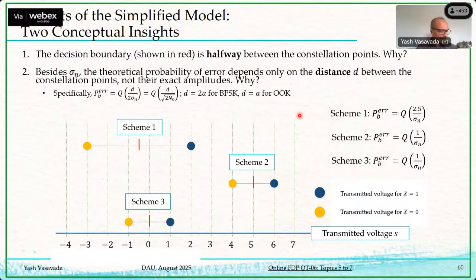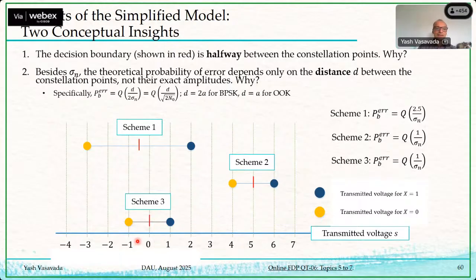Now, before we go to the next topic, I think we will take some 5-minute break pretty soon. But I want to mention one last thing, which is that because the error probability depends only on the distance, you can say that scheme 3 and scheme 2 will achieve the same error performance, which is Q of 1 divided by sigma n. Scheme 2 and scheme 3 are identical in terms of the error performance.